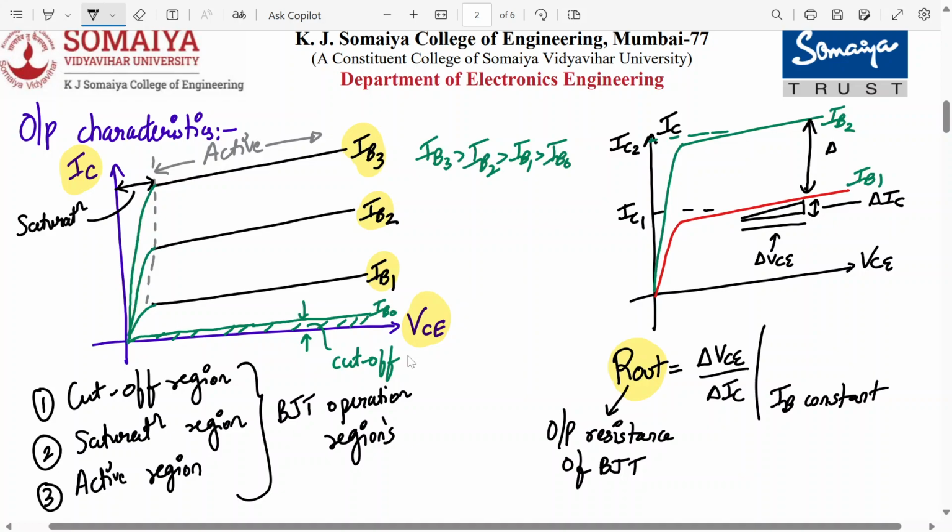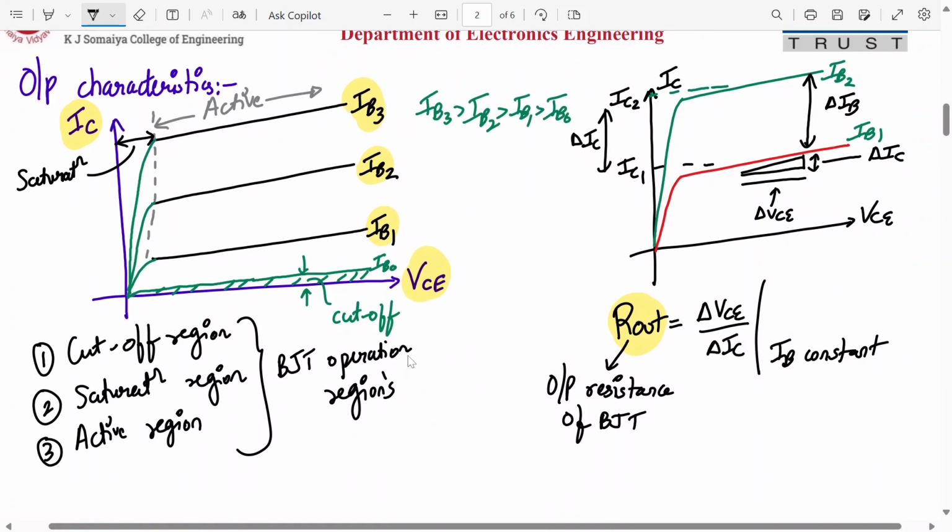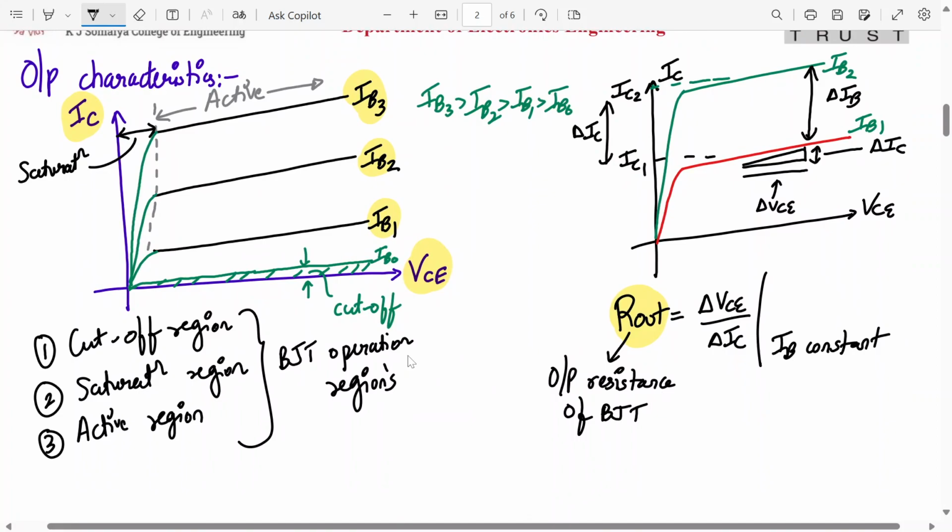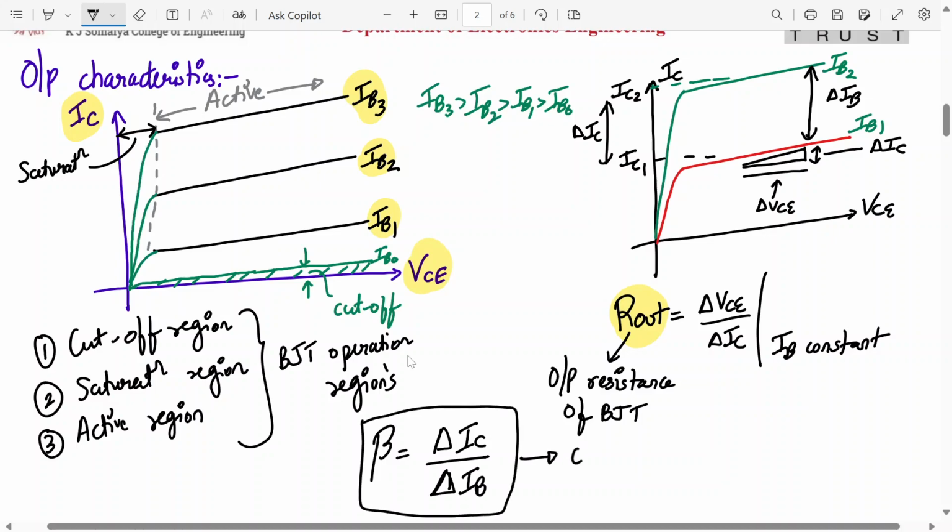This is the change in IB and this is the change in IC. So the change in IC upon change in IB is called beta. You have heard of this term beta before? So delta IC upon delta IB is my beta. Beta is called the current gain of the BJT. So how much information do we get over here?